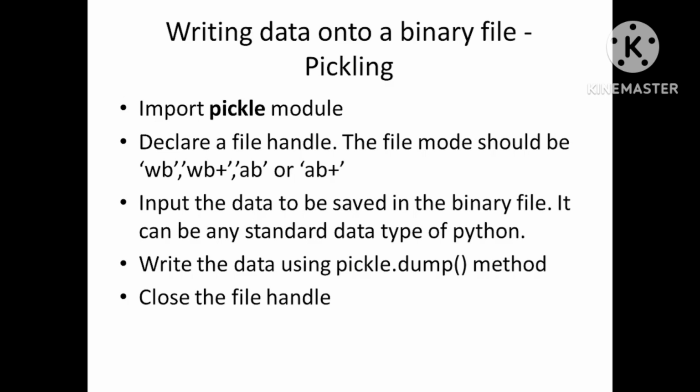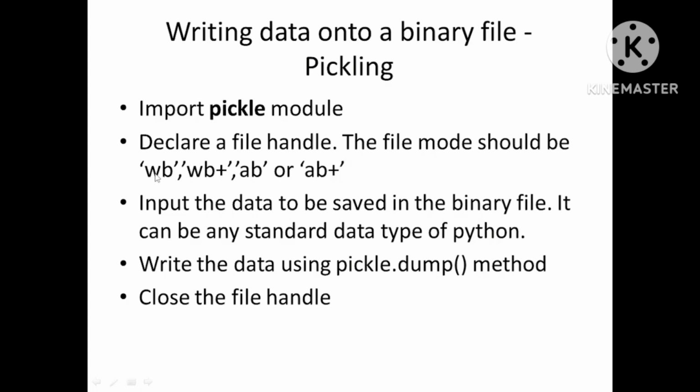The steps to write data to a binary file, that is pickling, are very easy. The first step is to import the pickle module, then declare a file handle. Now when we use a text file, there are 6 file modes: r+, w, w+, a, a+. The same way, when you do a binary file, you just have to add the letter b to the file handling mode.